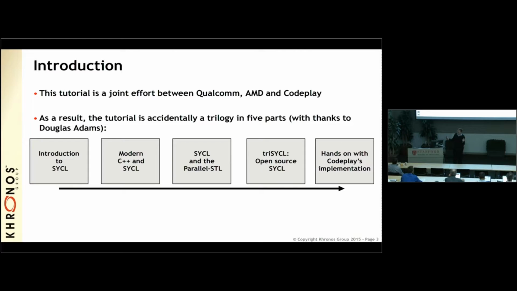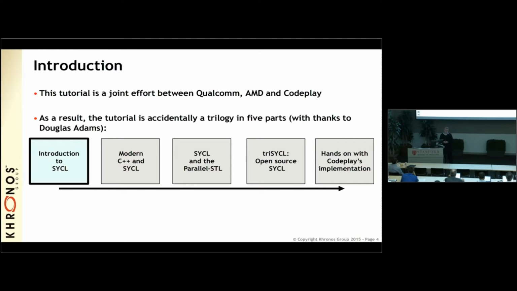It came in 5 parts. So it's kind of accidentally this trilogy in 5 parts, courtesy of Douglas Adams. I'm going to start with a general introduction to SYCL, fairly high level, summarizing the goals and the features of the specification. Then we're going to talk about some of the features of C++ that make SYCL interesting and how the two relate together.